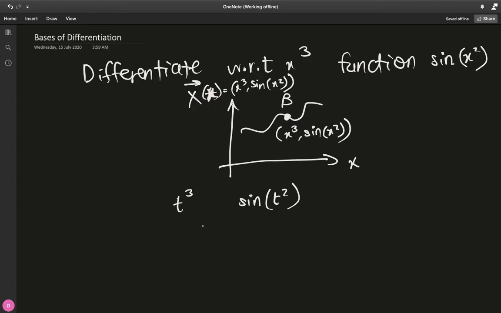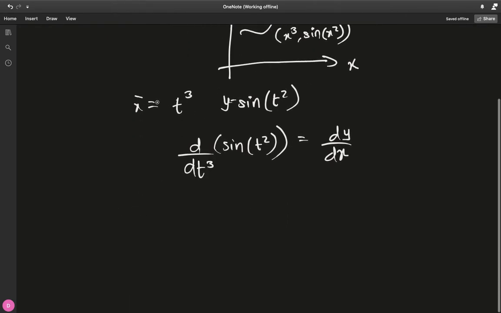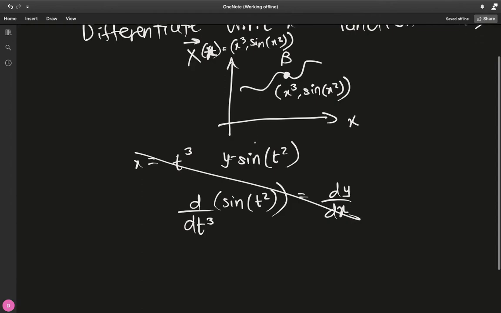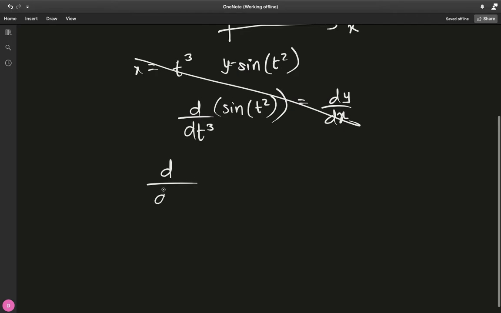What they're telling us to find then is differentiating sine of t squared with respect to t cubed. If you call this y and call this x, the problem just becomes finding dy over dx. Now forget this change of variables, let's treat things in x. When they tell us to differentiate with respect to x cubed, what they're telling us to do is find d of sine of x squared, differentiated with respect to x cubed.